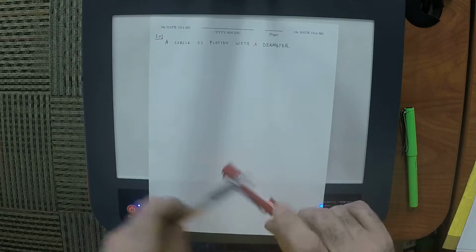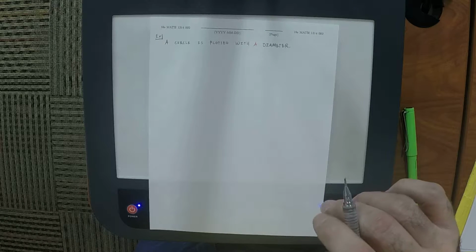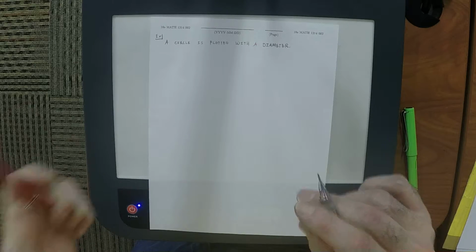Diameter means different things depending on how it's stated.